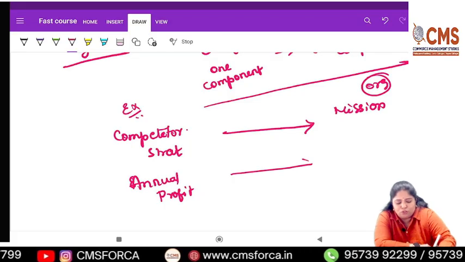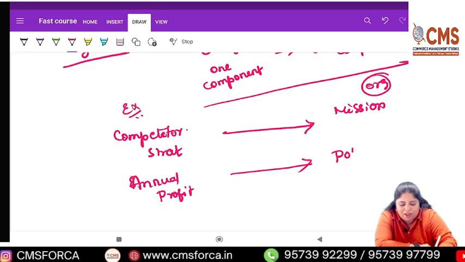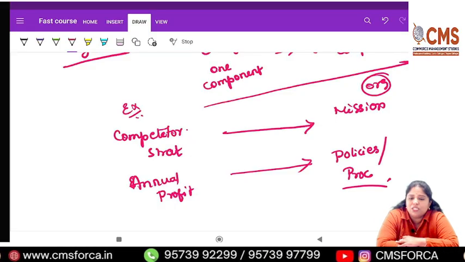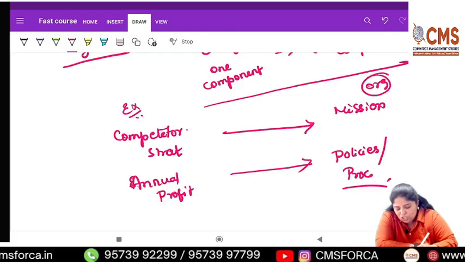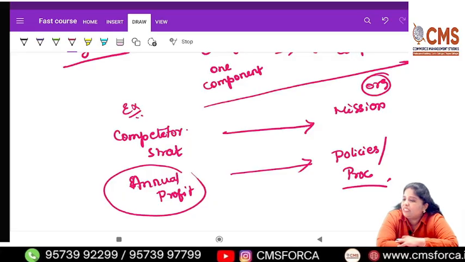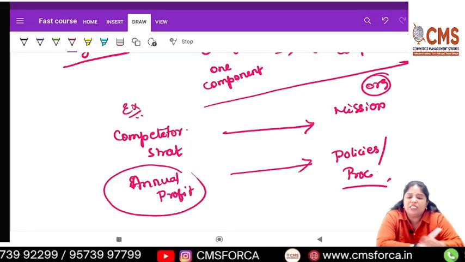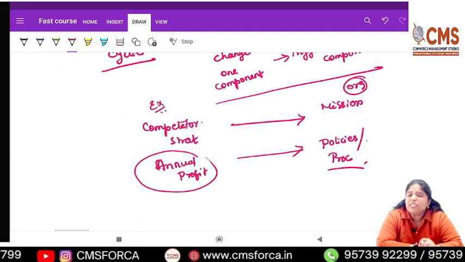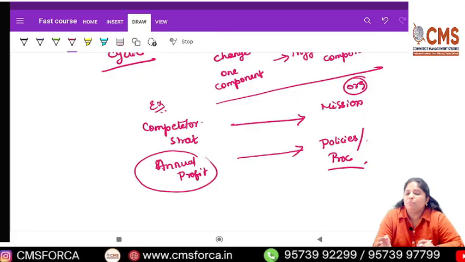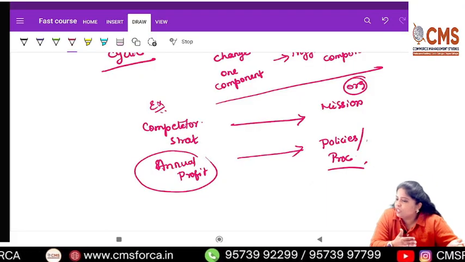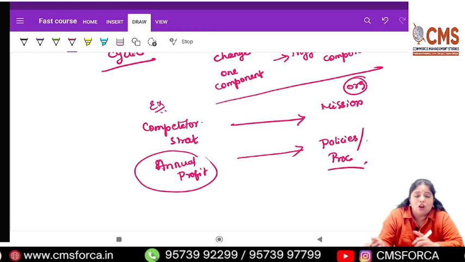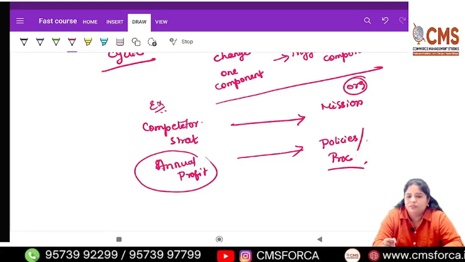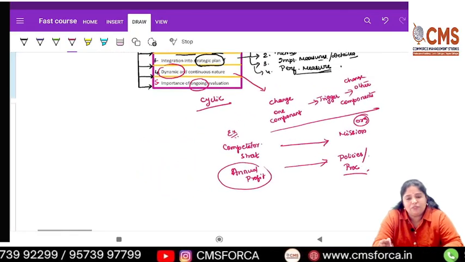Then there might be change required in your policies, and there might be change required in your procedures. Because you are not meeting your economic target, you have to change your policies and procedures. So like this, a change in one component might trigger change in other components, which contributes to the dynamic nature of strategic management. Shall we proceed further?